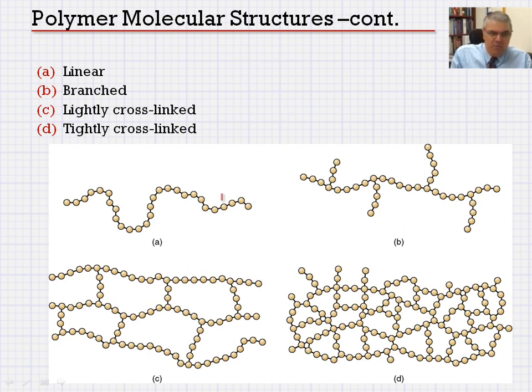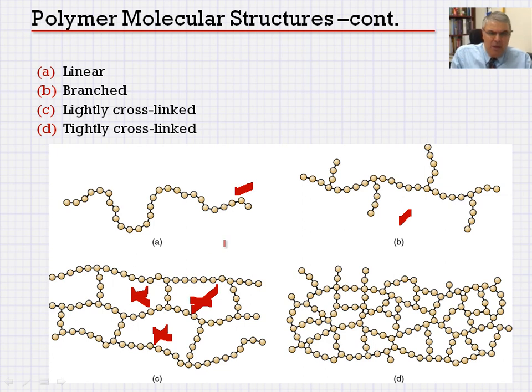A, it's a no-brainer, it's linear, it's long. B, a no-brainer, it's branched, and it's also long, but with branches. Light cross-linked, they are like chains that have wider openings in between. I'm just crossing some of these openings for you to see. So they're still long, and they're like a net, but it's not tightly fit.